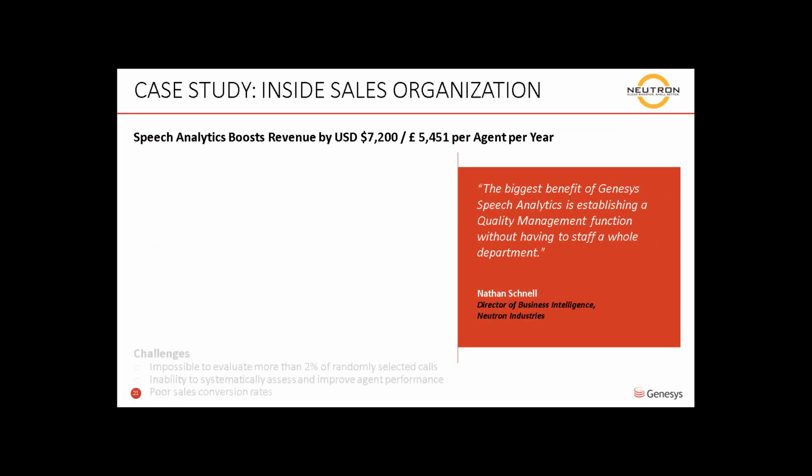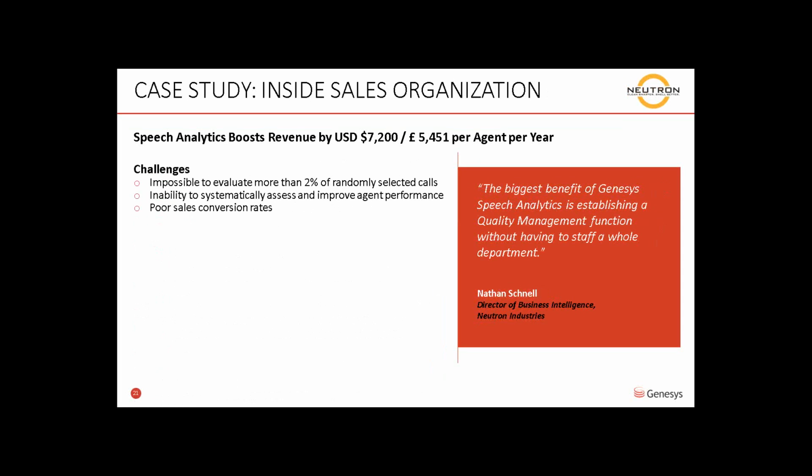And similarly, Neutron Industries found it impossible to evaluate more than 2% of randomly selected calls. In fact, they had their sales managers evaluating calls, and needless to say, their sales managers had better things to be doing than spending their entire day evaluating calls.